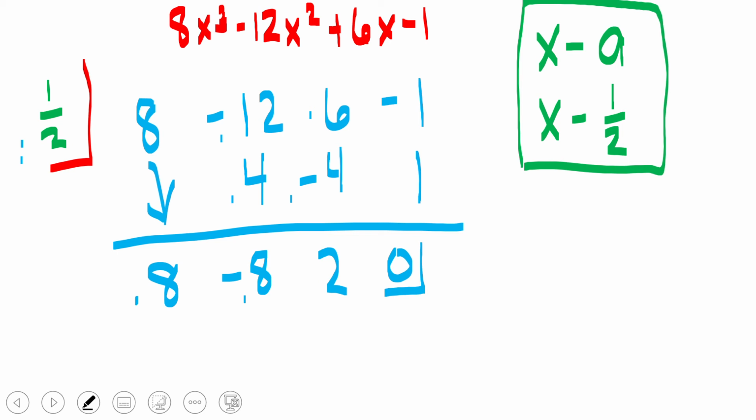Our new polynomial from synthetic division becomes 1 degree less than we started with for the first term. So we're going to have 8x squared minus 8x plus 2.